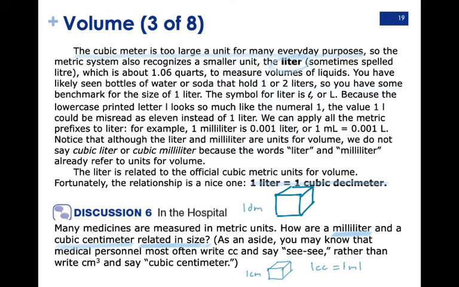So the metric system offers nicer relationships and practicality as well. We can fine tune whatever size we want. If we're talking medication, milliliters are nicer. If we're talking about fluids to drink, liters are a lot nicer.